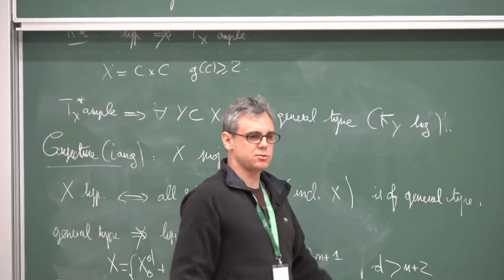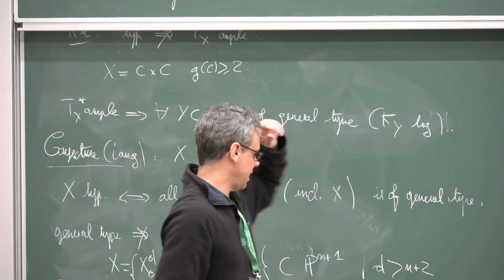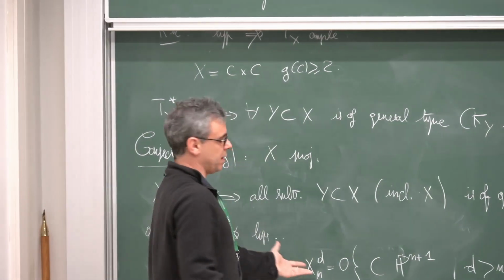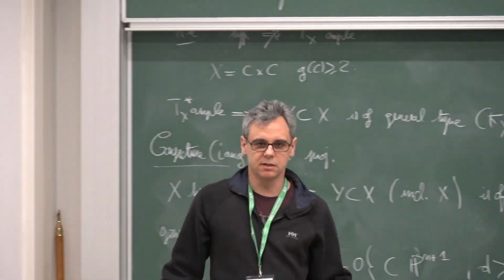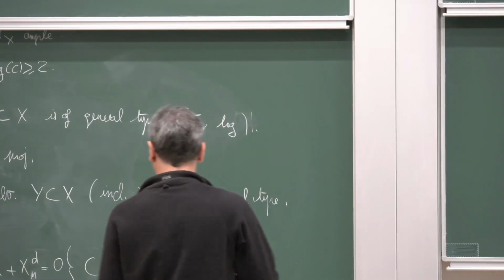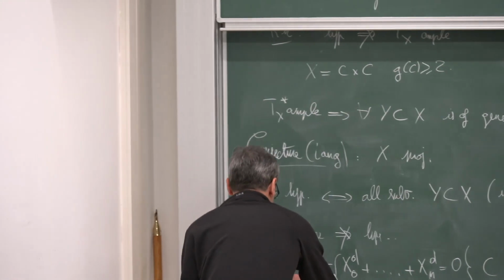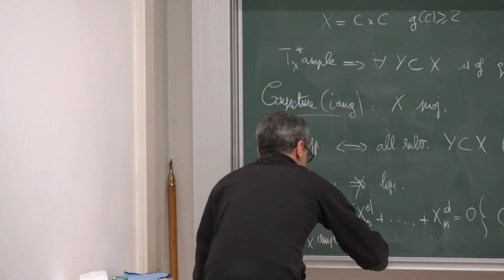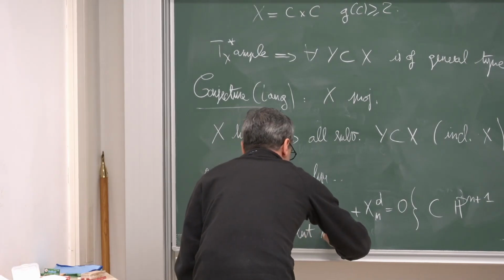It says that the degree has to be strictly larger than n+2. So this is of general type, but certainly this is not hyperbolic, right? It contains lines. But this one satisfies even K_X ample, but not hyperbolic.